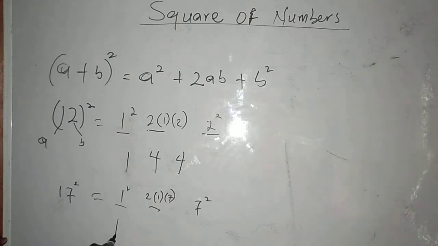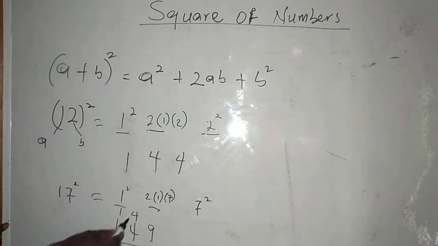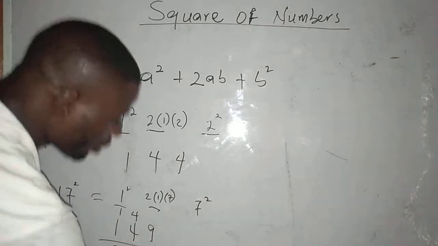This one will be 1, this one will be 14. For my 14, I will write 1 and 4. This one will be 49, 7 squared is 49. I will have 4 and I will have 9. My final answer will be 9. I'm adding up now. This plus this is going to be 8. This plus this is going to be 2. That is 289.